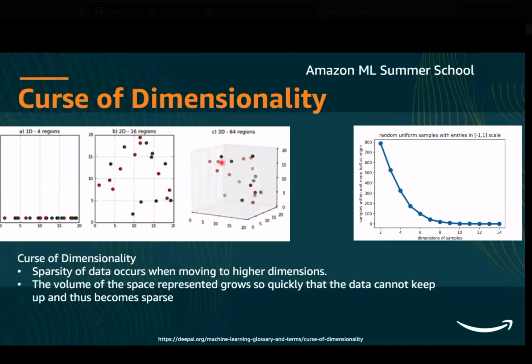So a majority of those 64 blocks would be empty, right? This is what this right figure is trying to say, that as you go to higher and higher dimensions, the number of samples in each of those cubic regions, which in this example is 5 cross 5 cross 5 for 3 dimensions, decreases, right?